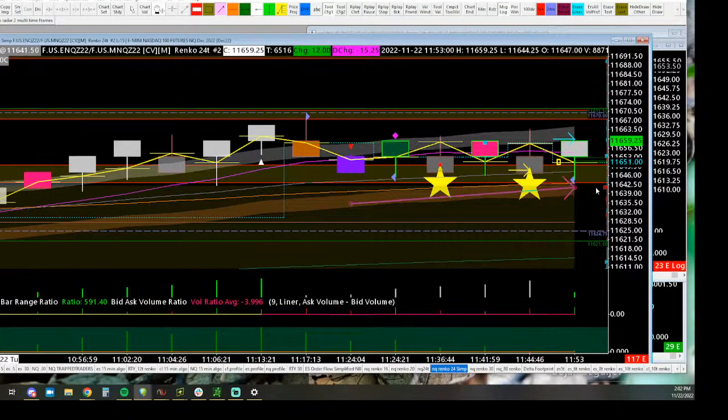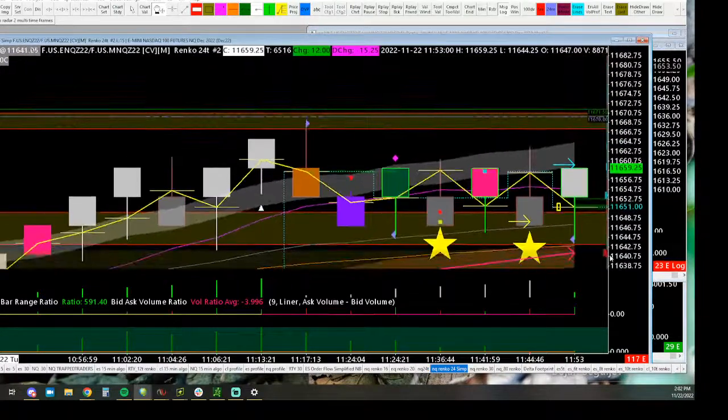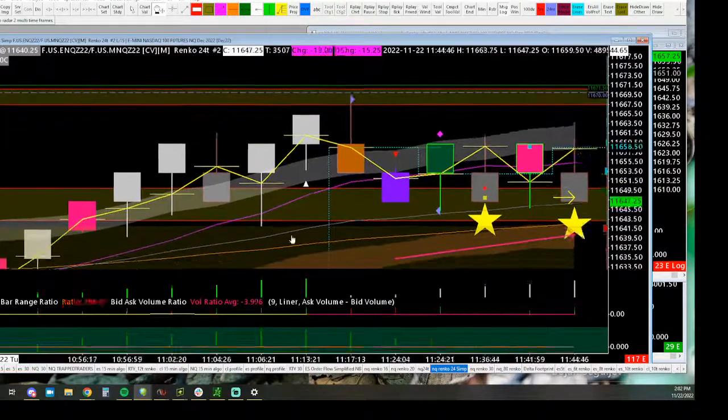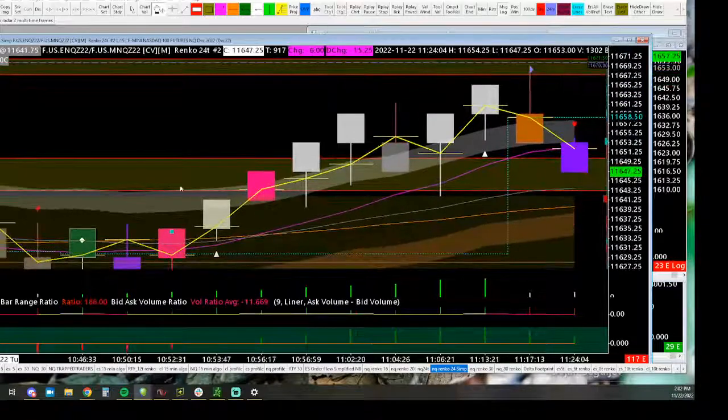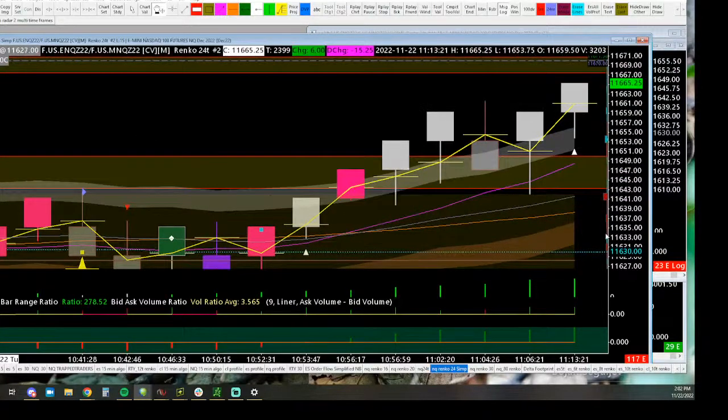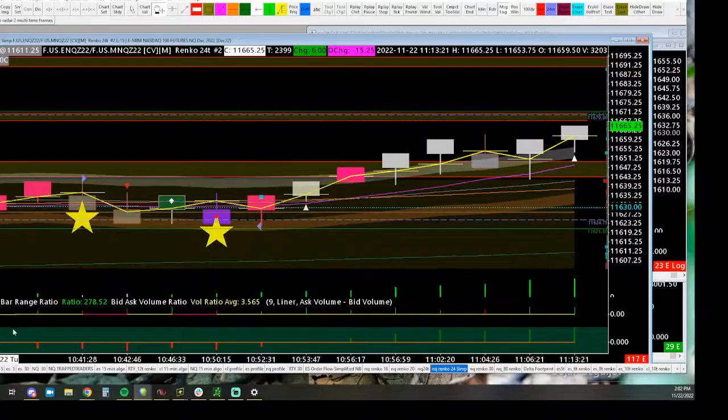We had more contracts sold at the bid at 640 than we did anywhere else the whole day. And when that happens, what I'm thinking is they are trapped. I know that, right? I know this guy is trapped. And if I look back at where he's trapped, he got trapped back here. I made that too big. He got trapped back.